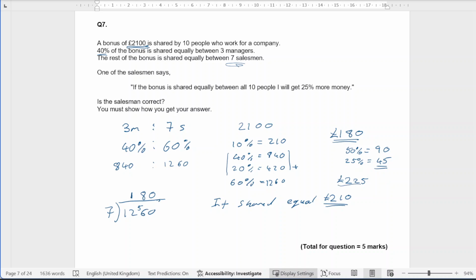So that's the amount that he would get if he had an extra 25%. That's the amount he would get if they were shared equally. So is he right? No. No, as £225 is greater than £210.